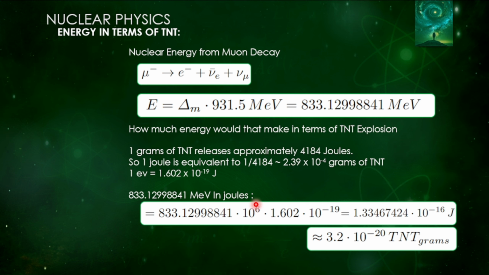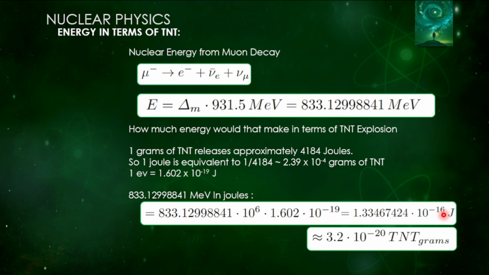You multiply by, first of all, 10 to the power 6 because it's a mega electron volt. Then, as we know, 1 electron volt is equivalent to 1.602 times 10 to the power minus 19 joules. So you multiply that value by that number. You get 1.33467 times 10 to the power minus 16 joules.